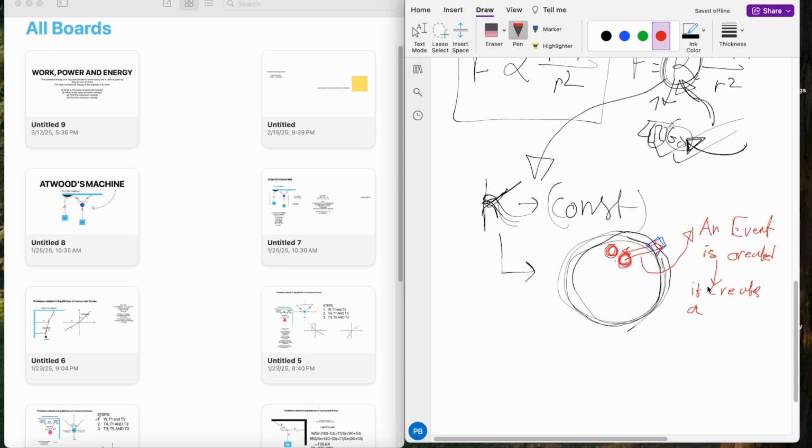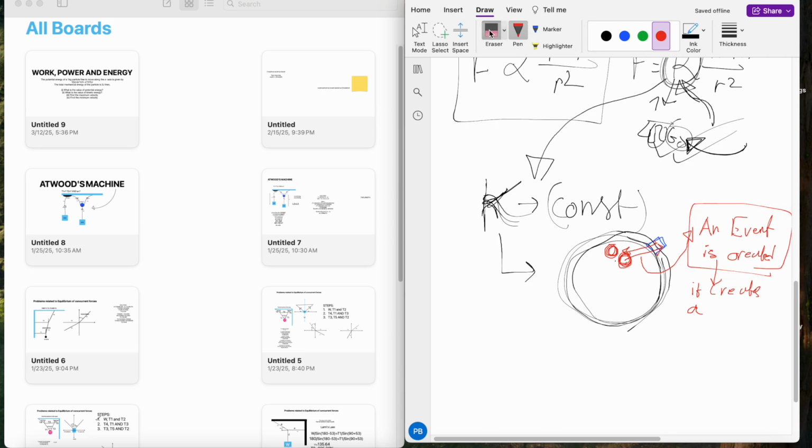Due to this event it creates the force, or the force is an indirect phenomenon, a result of this event.